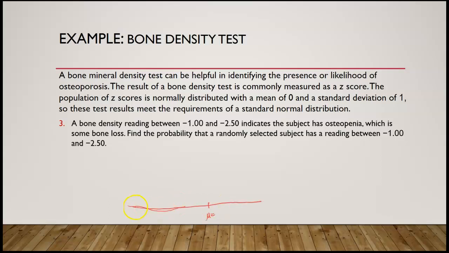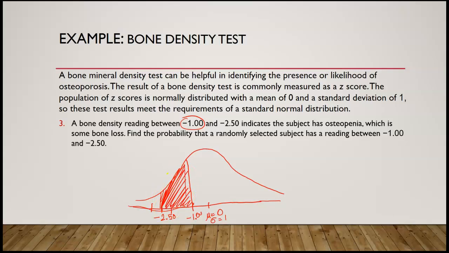We'll start with drawing a graph of a standard normal distribution with the mean of 0, standard deviation equals 1, bell-shaped distribution. The z-score of negative 1.0 will be to the left and negative 2.5 will be 2.5 steps to the left. So we're looking for probability located in between these two z-scores.